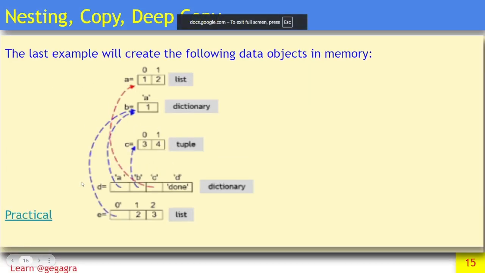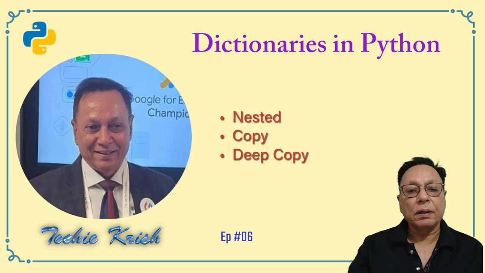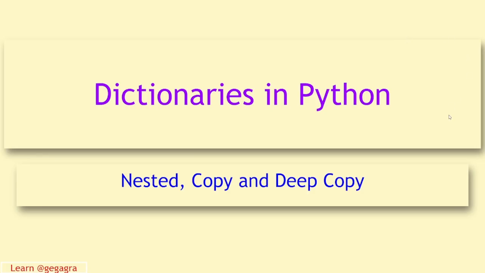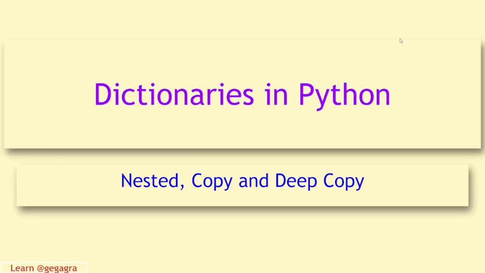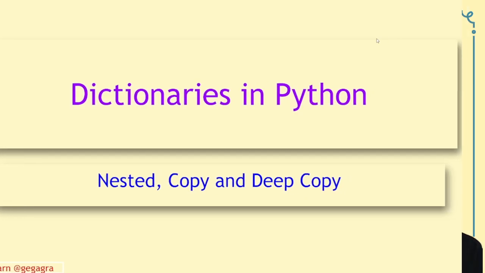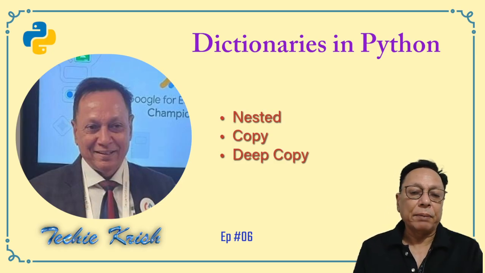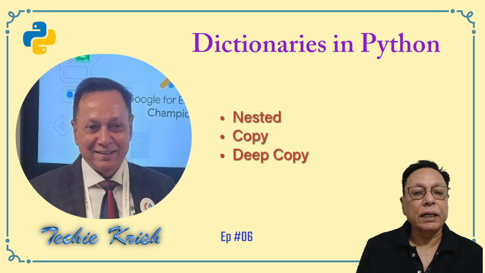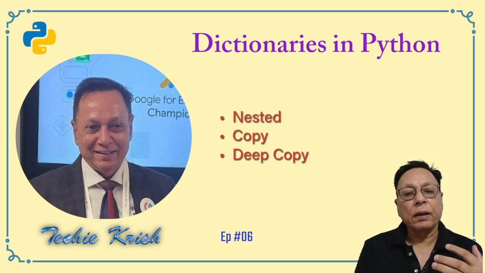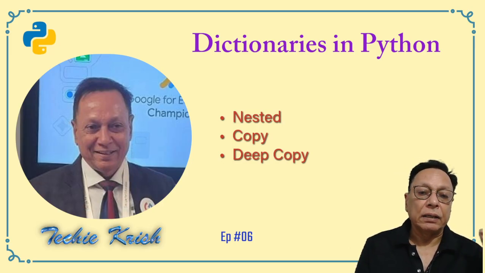Okay, so we'll discuss deep copy in my next video. So this is how we have come to know how a list can be nested, how a dictionary can be nested, how a tuple can be nested, and list can be nested in tuple.